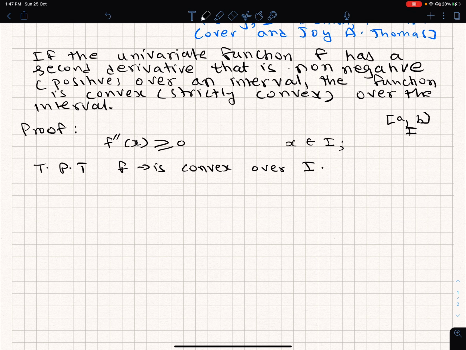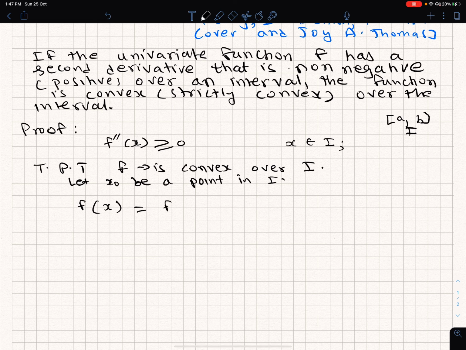Since the second derivative is there, the first derivative is also there obviously, and therefore let x naught be a point in this interval I, and then around that we can write the Taylor series expansion.